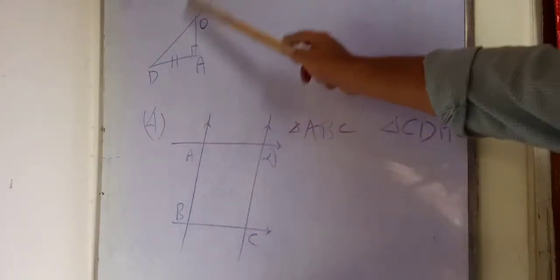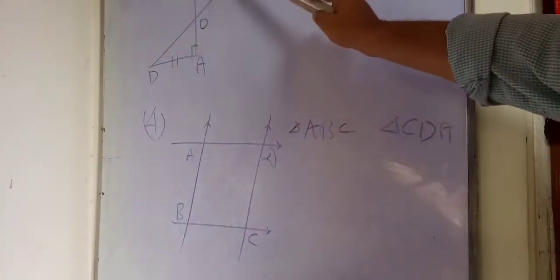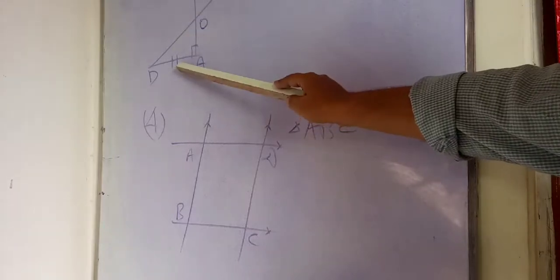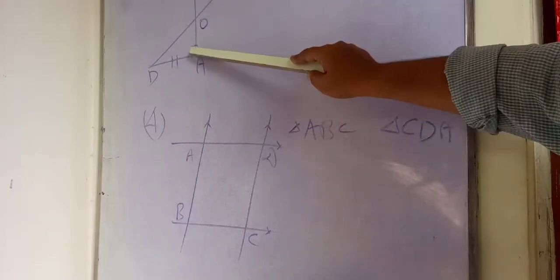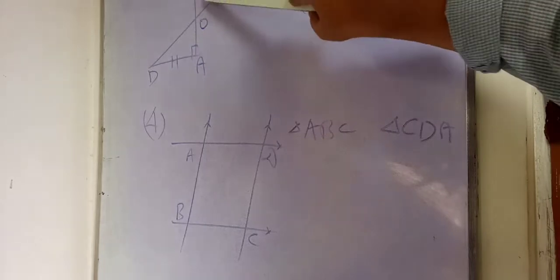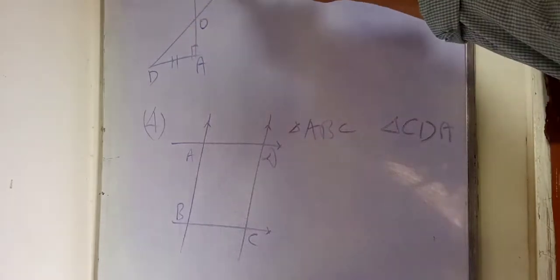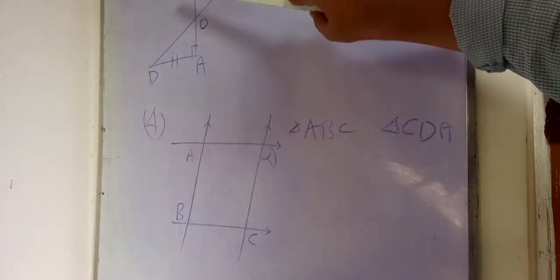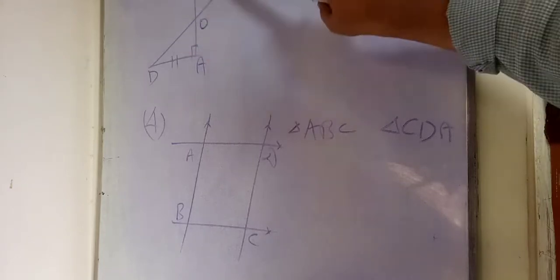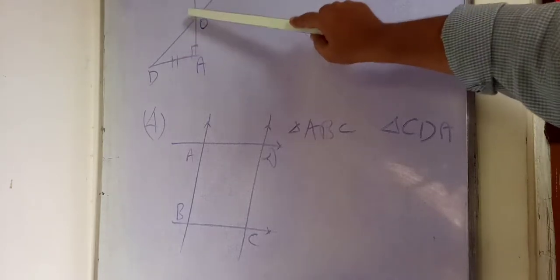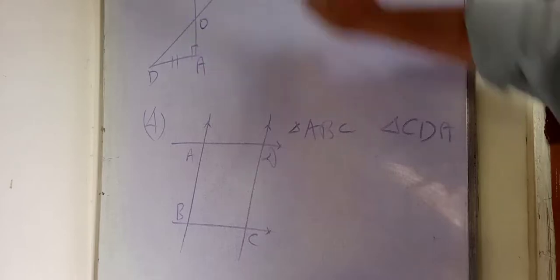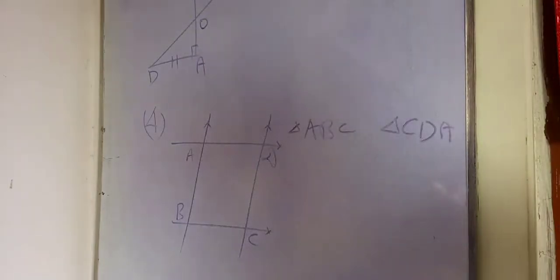So we will make these two triangles congruent, and that will be done like this: BC equal to DA, angle B equal to angle A, and this vertically opposite angles. So by angle, side, it will be congruent, and consequently OA will become equal to OB. So we will start writing like this.